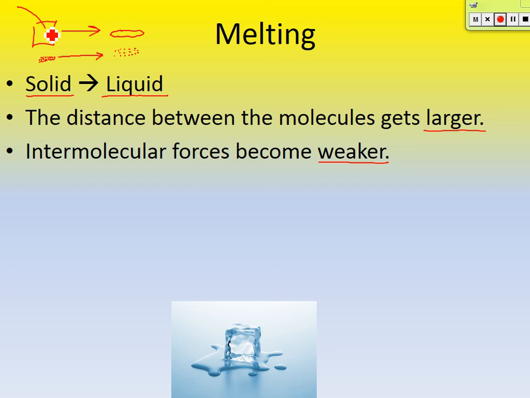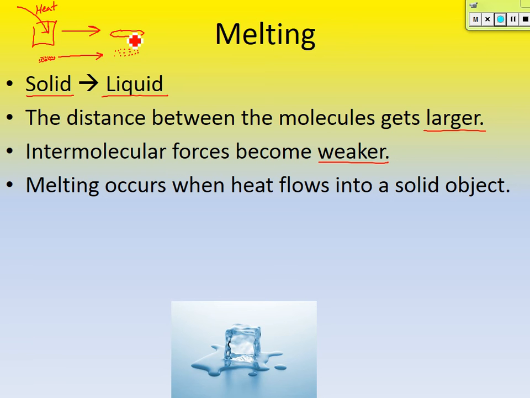What's happening there is heat has got to flow into it, right? Doesn't heat have to come in and then it will melt it into this puddle? Yeah. Okay, so heat's got to flow into it. So melting occurs when heat flows into the solid object. So remember, heat always goes from hot to cold. So when heat flows into it, you can melt it.